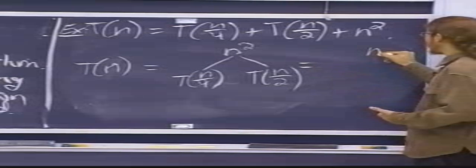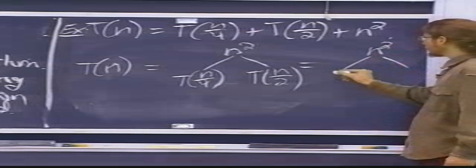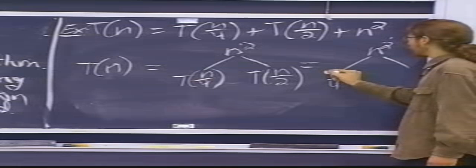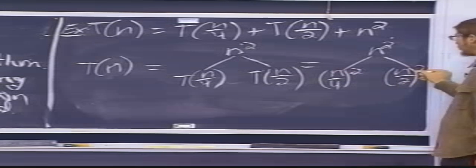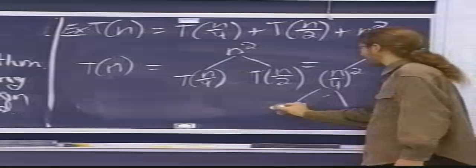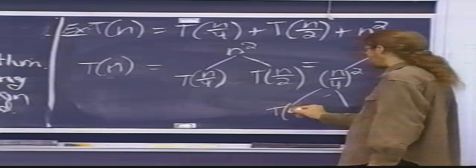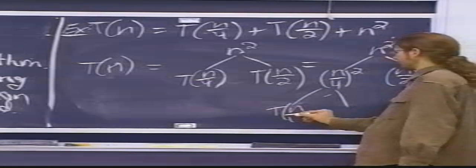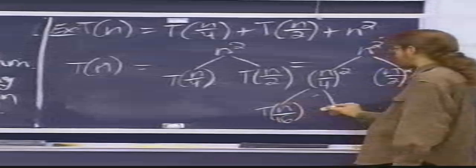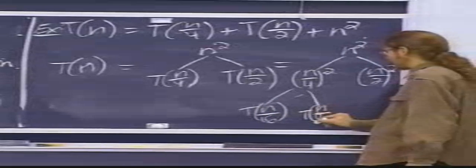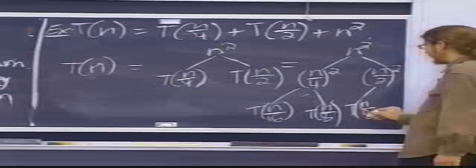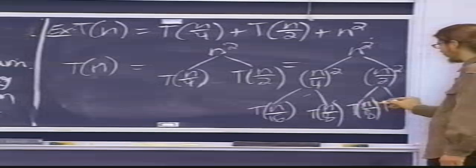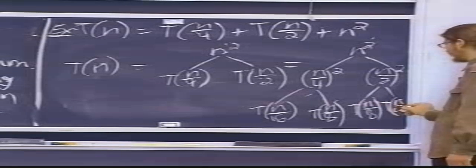So if we expand that again, we'll get these merge costs: n over 16, n over 8, n over 8, n over 4.